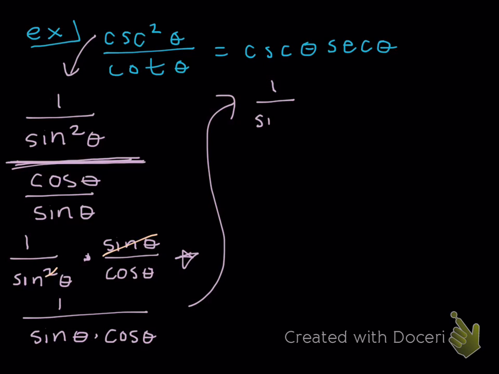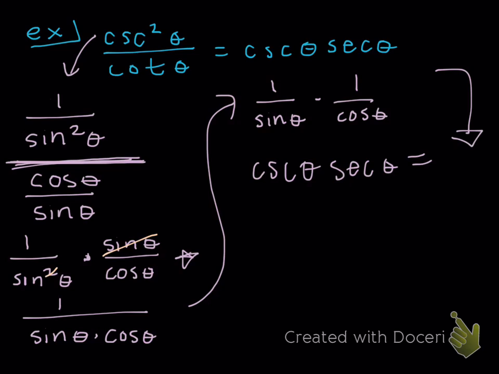So I can split this up and say 1 over sine of theta times 1 over cosine of theta. And I know 1 over sine of theta is cosecant of theta. And I know that 1 over cosine is secant of theta. And notice we have now verified our identity because we got the same thing.